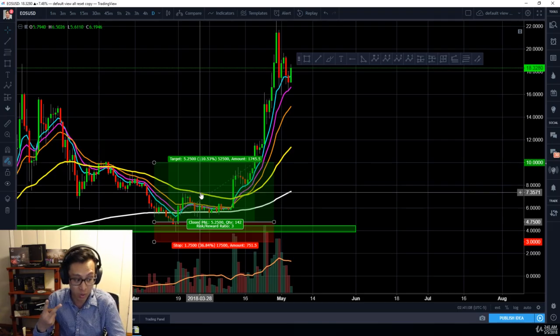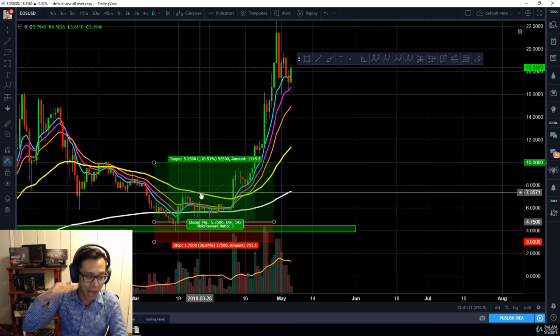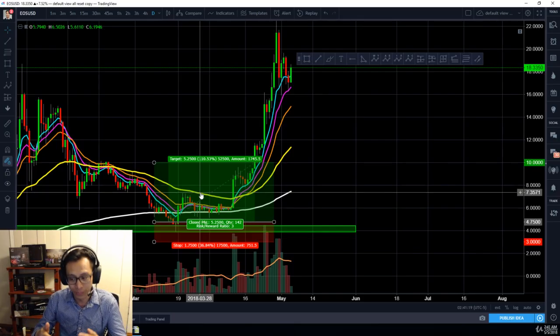There's two ways that you can buy, right? The one way is to accumulate and ladder your buys on the way down. And the second way is to buy into strength when it breaks a particular support or resistance, which is what I highly recommend for people to do all the time as well.